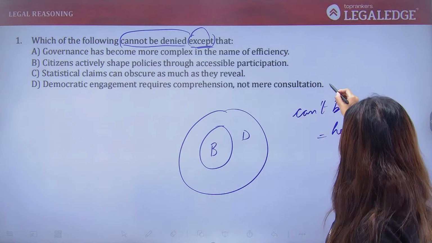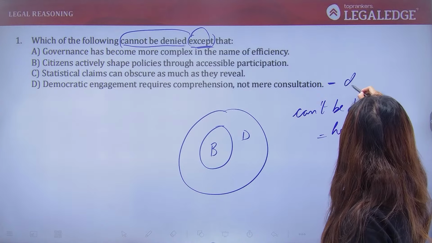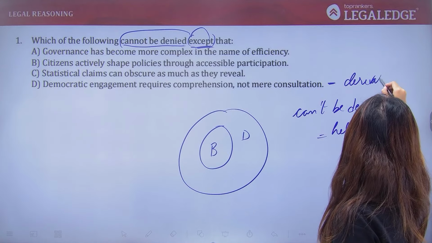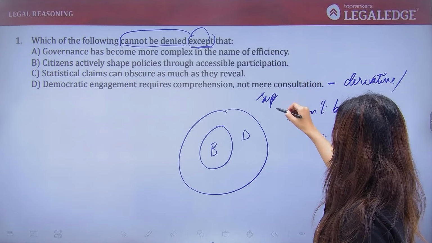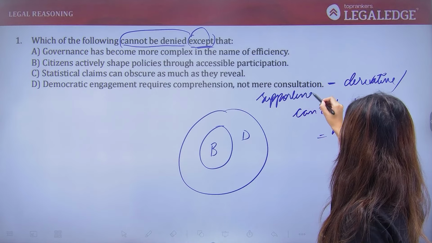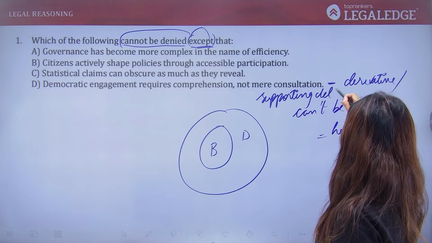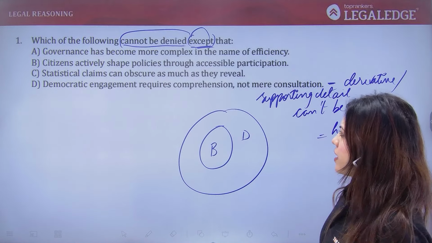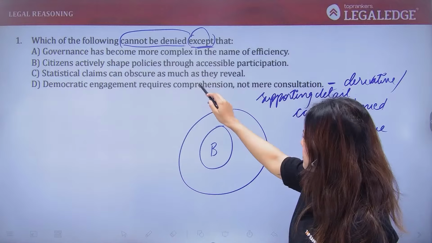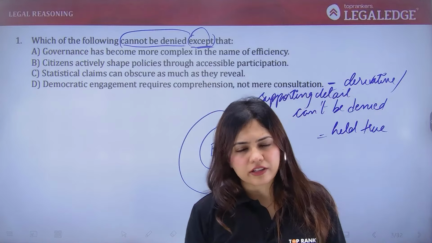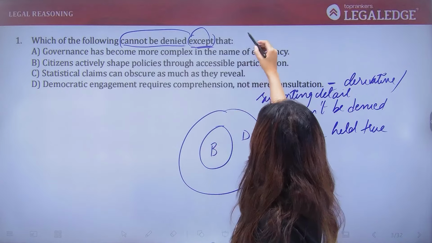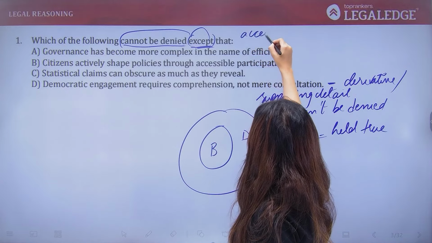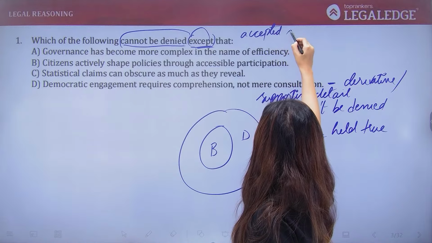This actually looks like a derivative or a supporting detail to the main argument. Whereas if I look at option B and C, both of them are contradictory to what is given in the passage.